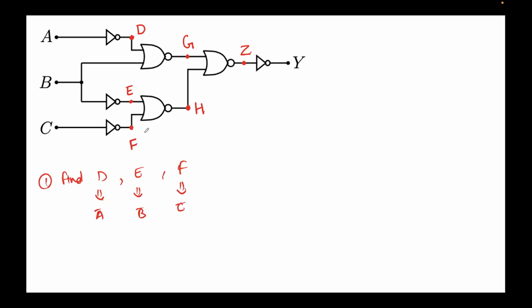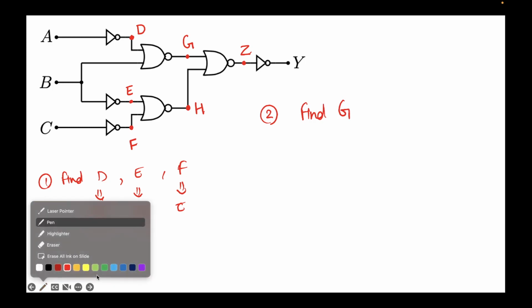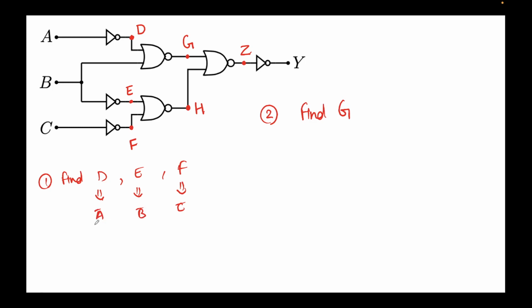All right, so now what I'll do is, as a second step, find G. Let's find G, and I'll do it with a different color. So G is this.